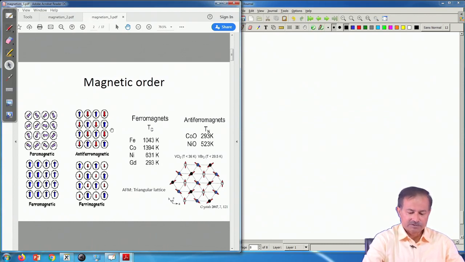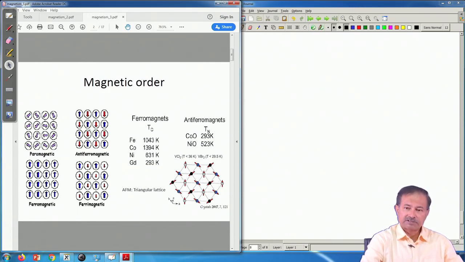There are other kinds also, but I will show the pictures as we go on. But if you just look at it, you can immediately see that if I sum the magnetization coming from each of these tiny moments, the sum will still be 0. So, an antiferromagnet has no net moment, whereas a ferromagnet has a large net moment.